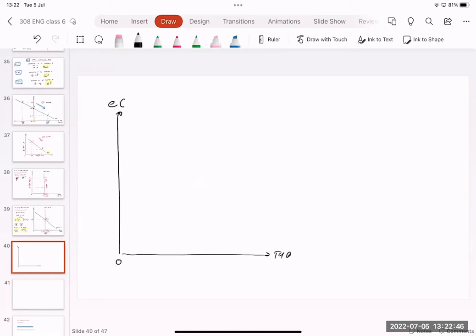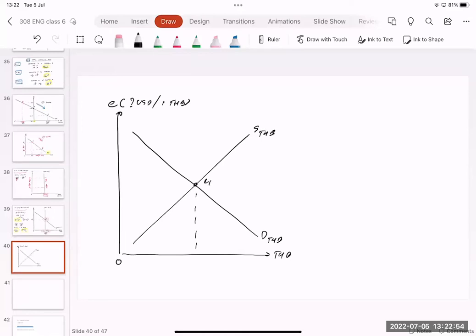You have demand for Thai baht and supply for Thai baht, the equilibrium point E1, the number of Thai baht in the economy THB1, and the nominal exchange rate E1. If the nominal exchange rate goes up, it means that the Thai baht becomes strong. If the nominal exchange rate goes down, it means that the Thai baht becomes weak, right?